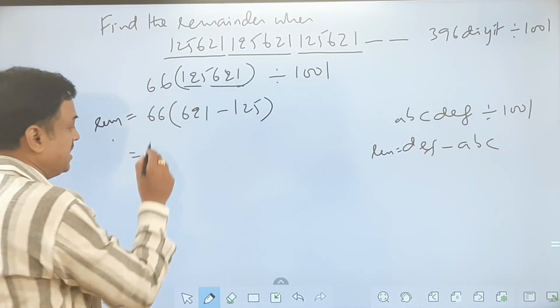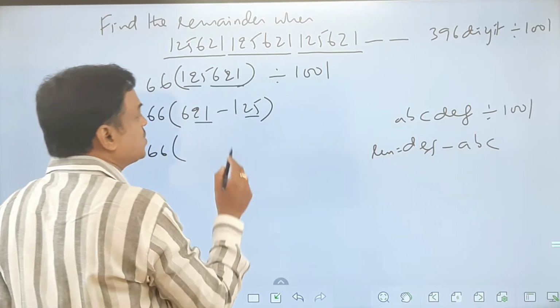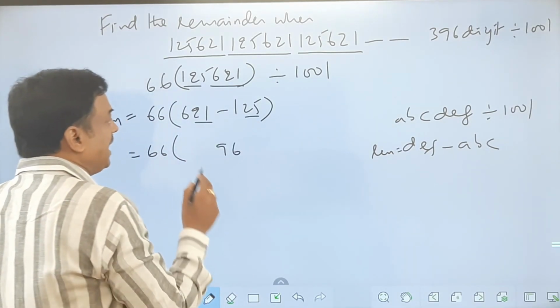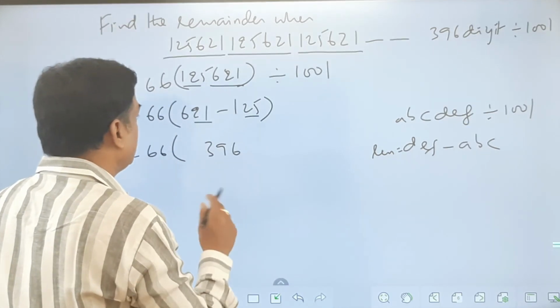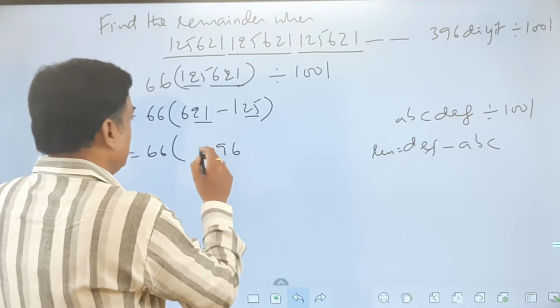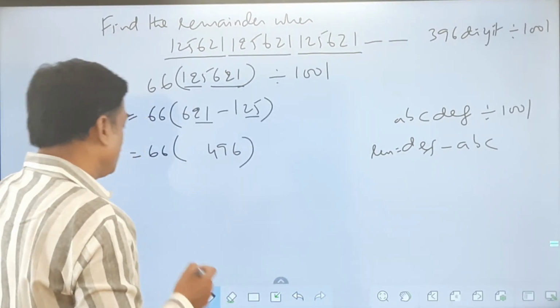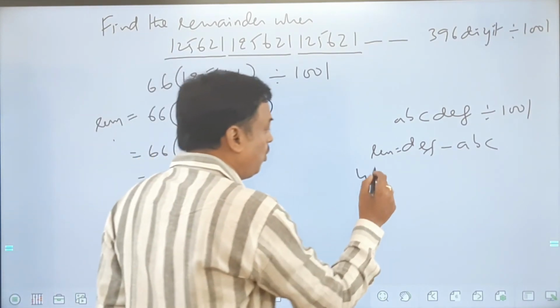When I subtract, how much do I get? 21 minus 25 is 96, and then 4 minus 1 is 3, so 496 I get. Then if I multiply by 66, how much do I get?